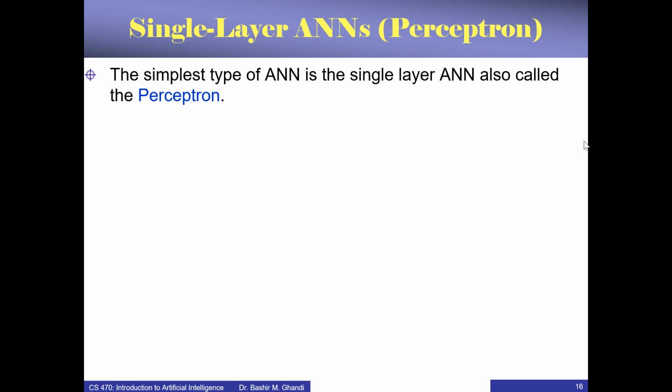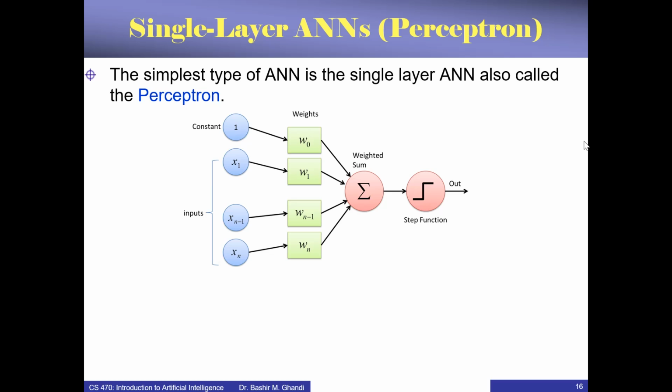So the simplest type of ANN is the single layer ANN, which is also called the perceptron. And this is how it looks. So we have just from input to output directly. There are no hidden layers involved.